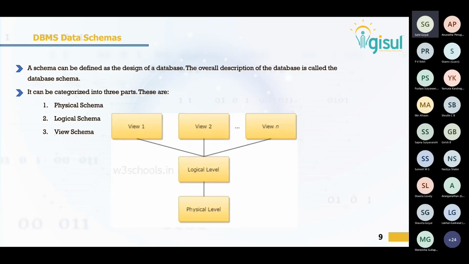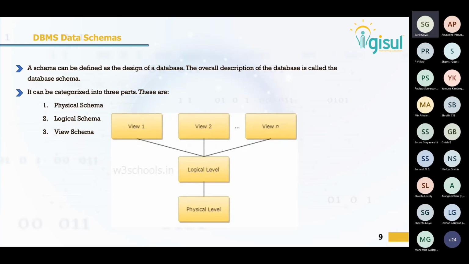Structure means how many tables we would be having, what the names of those tables are going to be, how many columns they will have, what is the data type of those columns, how many rows they can have, right?